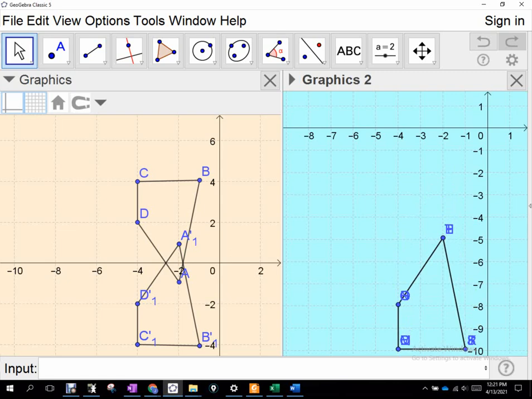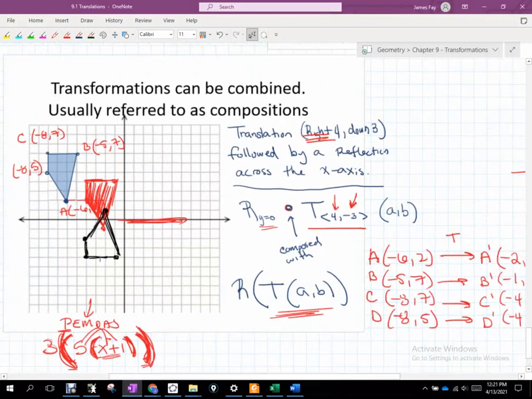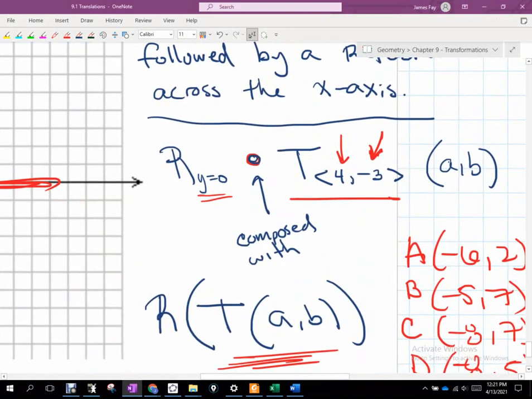Is this image right here in a different spot on the X and Y axes than what this one was? Does that kind of make sense? So what that means is you cannot arbitrarily do these in any order that you want when you see a composite function, or composite transformations.